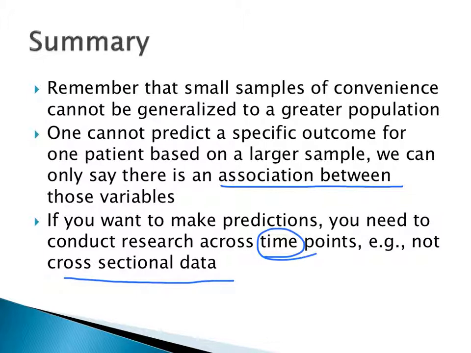All we can say is there's a correlation or an association. And that's very important information. I don't mean to discount it. Those are very informative bits of information that we can use to formulate interventions or changes in systems. But in order to do predictive research, it really needs to be across time.